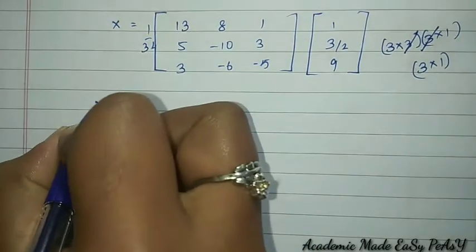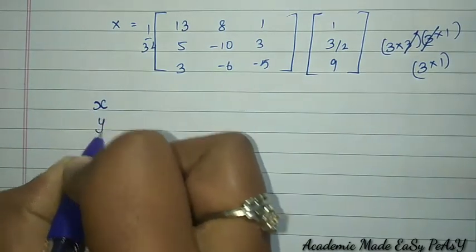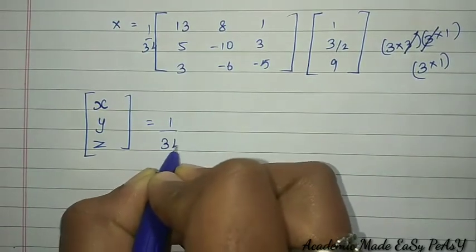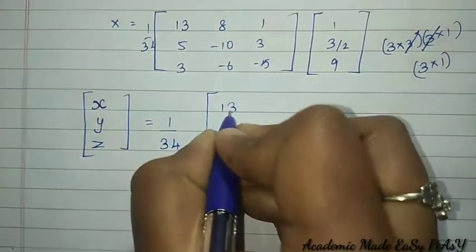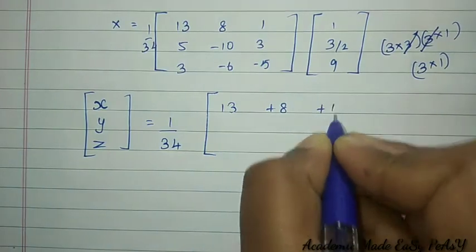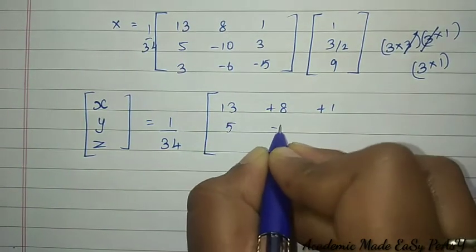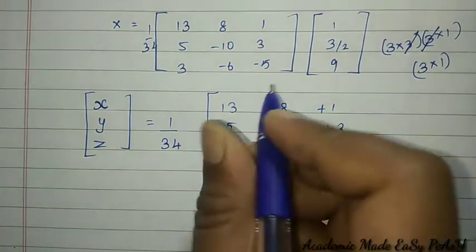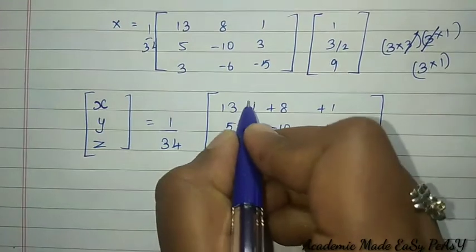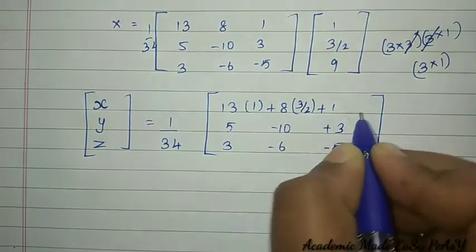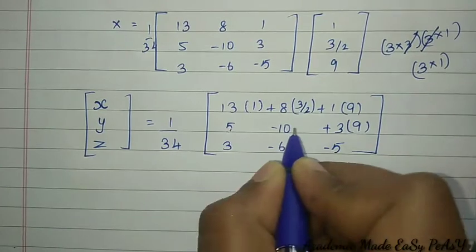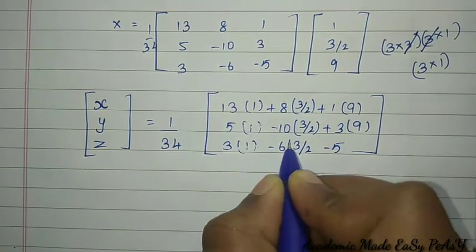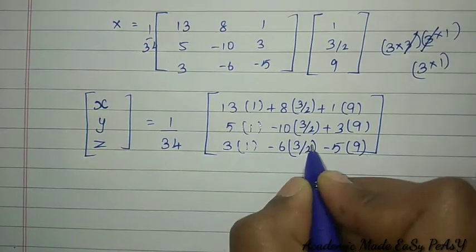So now we'll start multiplying. So what is x? X, y, z, isn't it? So it is equal to 1 by 34 into 13 plus 8 plus 1, 5 minus 10 plus 3, 3 minus 6 minus 5. So I will multiply with the second matrix, 1, 3 by 2, 9. So now here I can cancel.